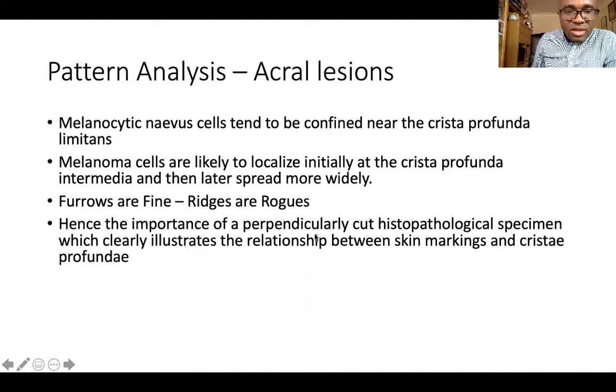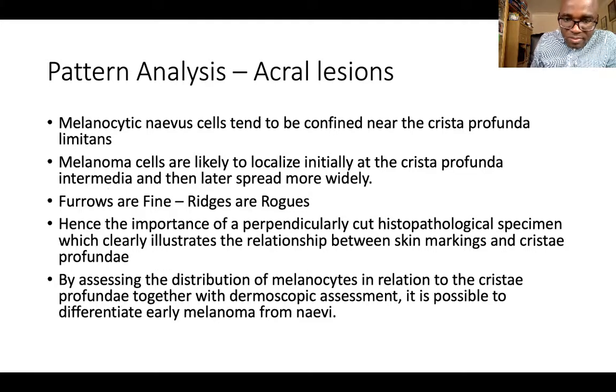So hence the importance of the perpendicular cut histopathological specimen, which clearly illustrates the relationship between the skin markings and the crista profunda, which is important for where the melanoma cells and the nevus cells are concentrated.